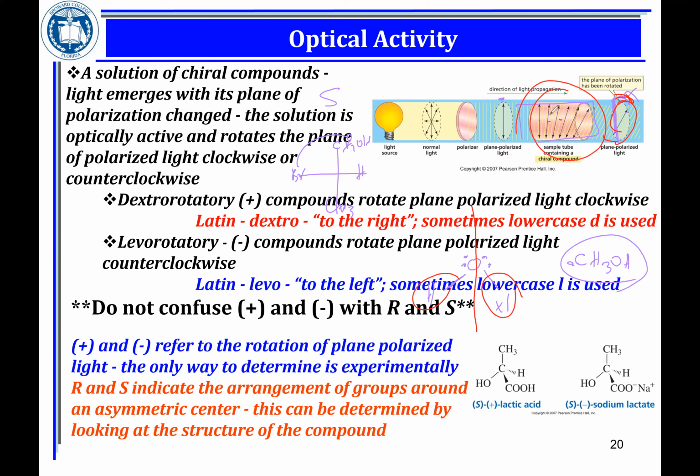It also depends on the length of the sample holder. If the sample holder length is expressed in decimeters, you could have 1 decimeter, or 2 decimeters, or 3 decimeters. So there are two factors that can change this observed rotation. Whenever you want to compare two compounds, you have to make it standard.